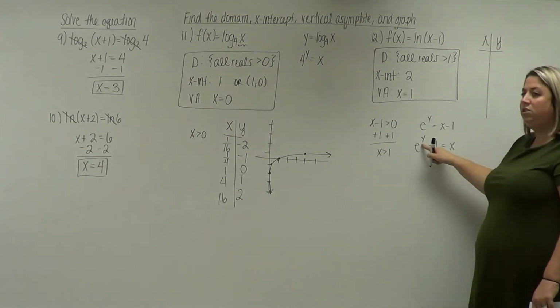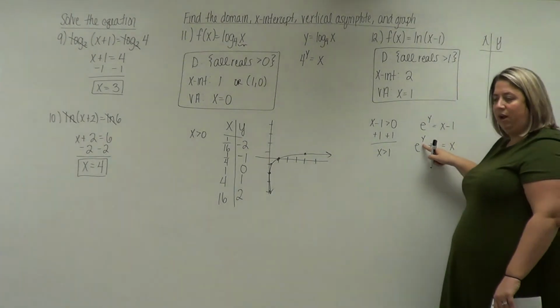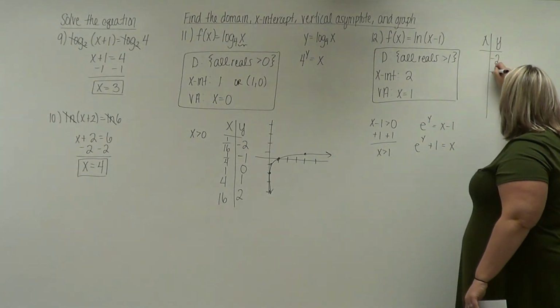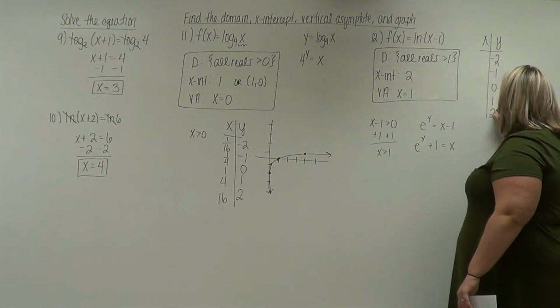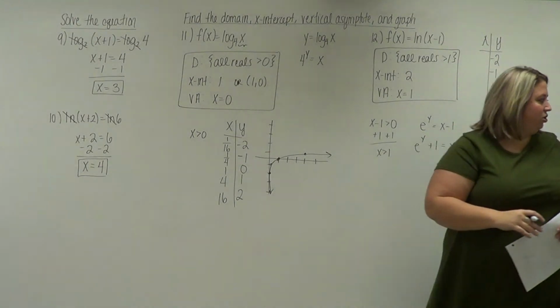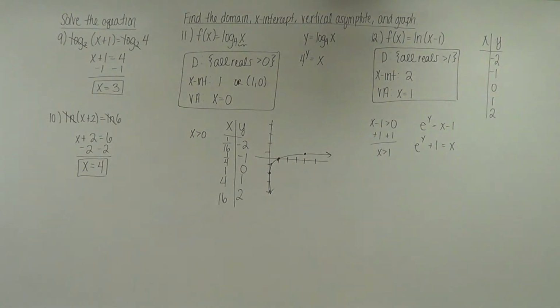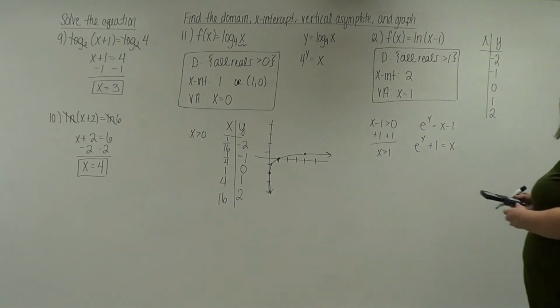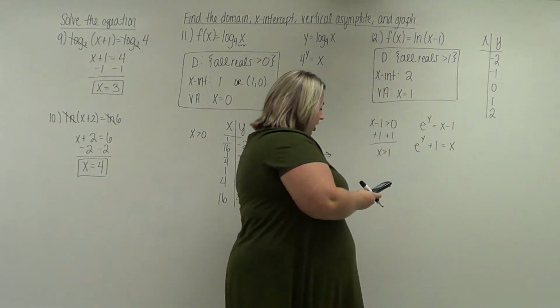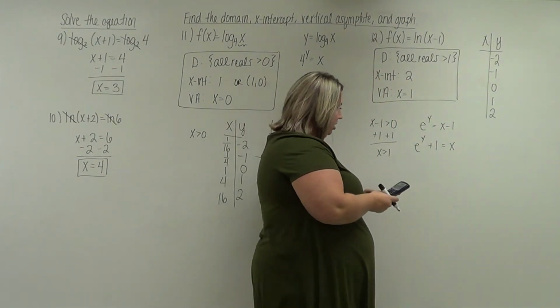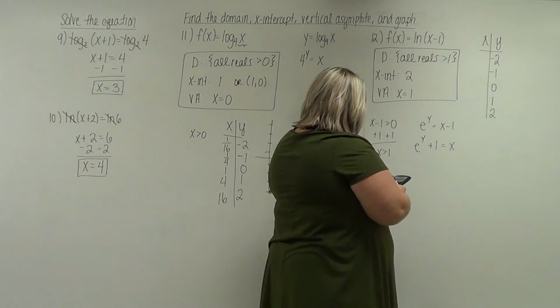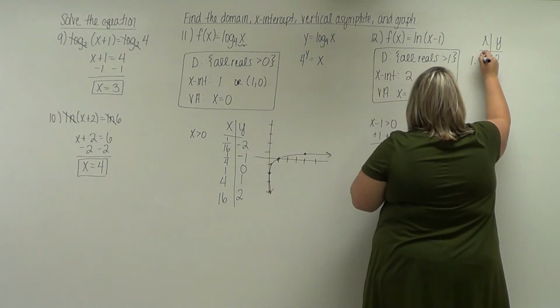This is still y up here. Now this hasn't been shifted to the right or to the left, so we're going to use these same numbers. You only change those numbers if the graph's been shifted by having something in the exponent. So if I put in -2, e to the -2nd, and then add 1, this would be 1.14.